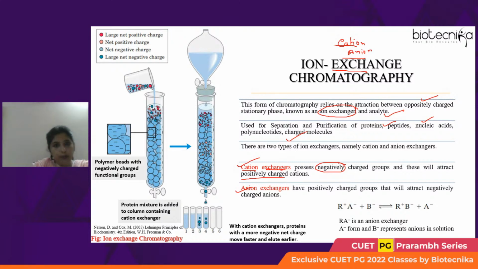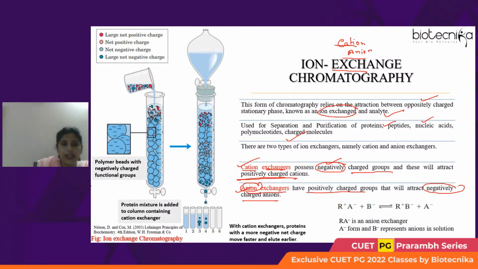If you try to learn both, you will get confused. So cation exchanger possess negatively charged groups and they will attract positively charged cations. Anion exchanger have positively charged groups and they will attract negatively charged anions. So you can learn it this way: anion exchanger will attract the negatively charged anions only. Cation exchanger will attract positively charged cations only. So in that case, the matrix will be just of opposite charge.